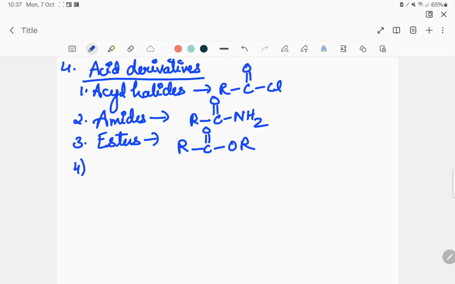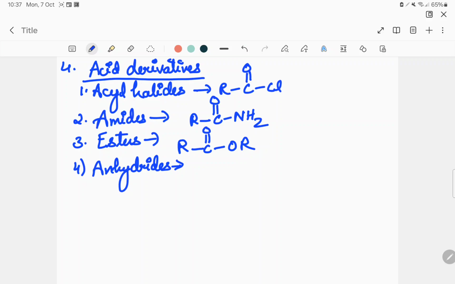And the fourth we have is anhydrides. These are formed by the loss of one water molecule from two molecules of any kind of acid.